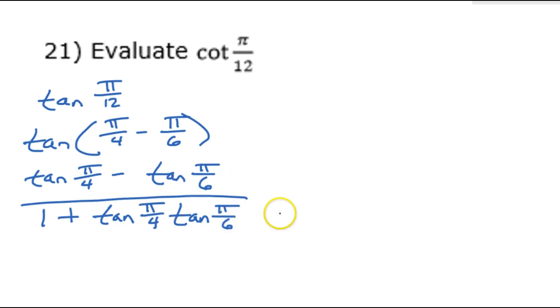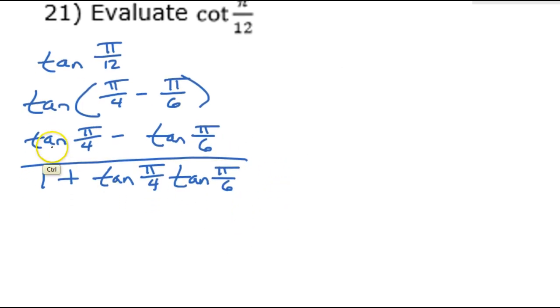Alright, that's how the formula works. But we have memorized that the tangent of pi over 4 is 1, and the tangent of pi over 6 is radical 3 over 3, which is the same as 1 over radical 3.